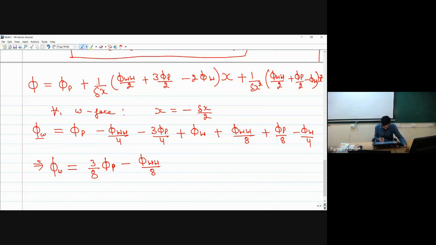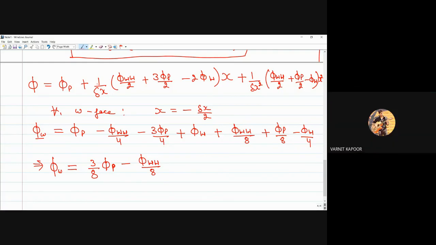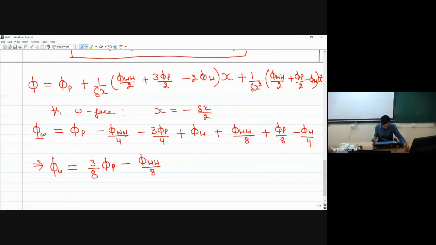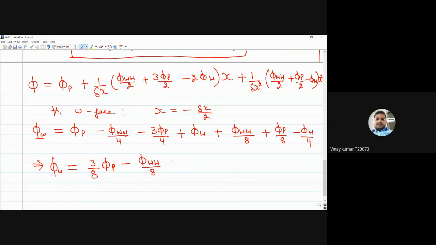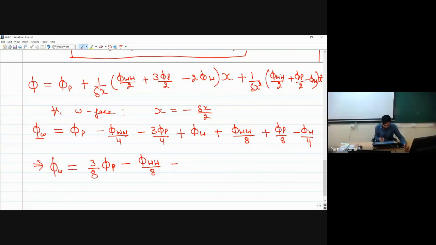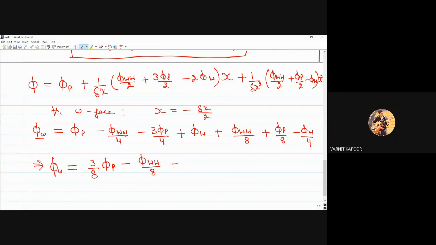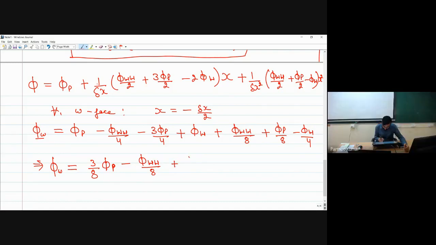So if you see, with 3 phi P by 4 plus 3 by 4 into phi W, I can write 6 by 8 into phi W. Is it correct?